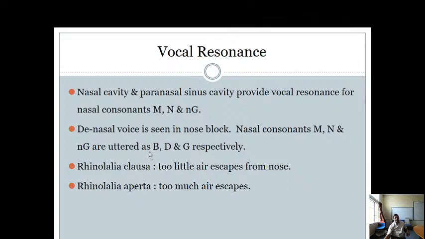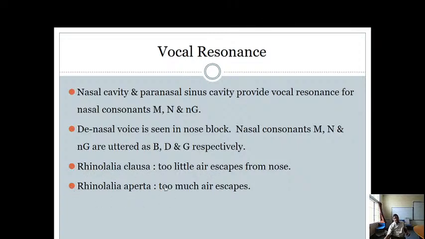Usually this occurs in conditions where there are huge adenoids or a mass in the nasopharynx, or polyps, or various kinds of obstructions. Maybe just inflammatory mucus or thickened mucous membrane. So these are the various conditions where air doesn't pass through the nasal cavity, producing rhinolalia clausa.